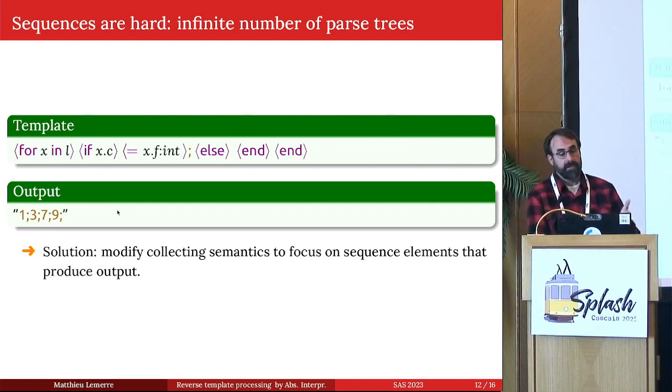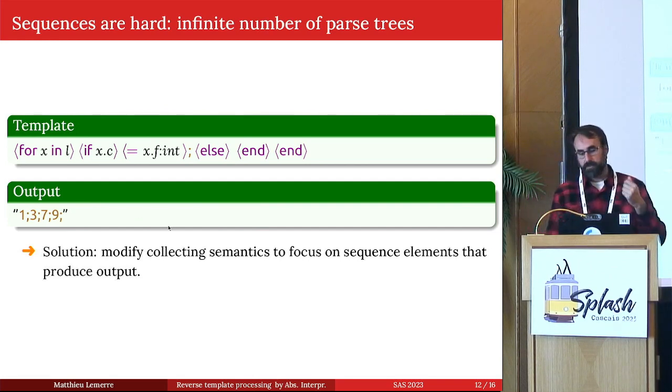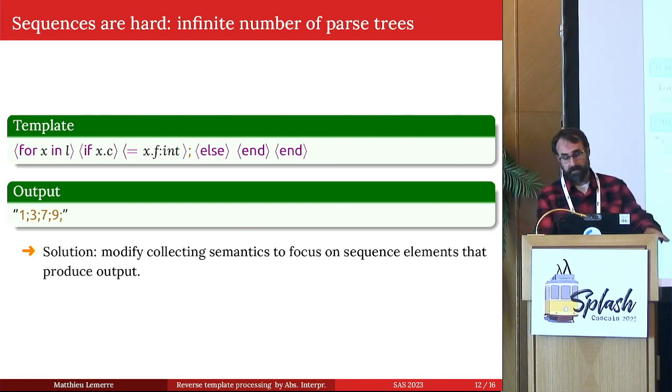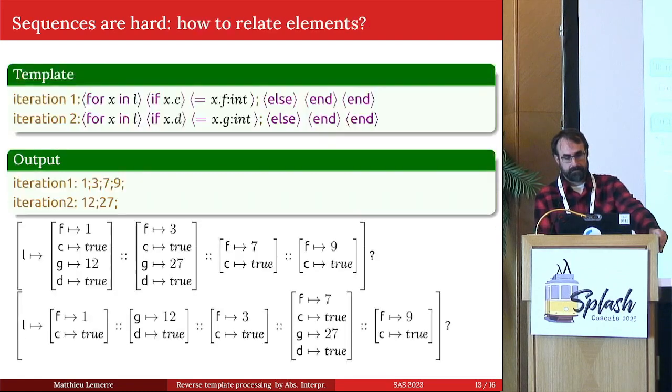If we do it naively, we will have one parse tree for each possible size of the list, which means an infinite number of parse trees. So the idea here is to modify the collecting semantics so that we only focus on the elements that produce output and we remove the others. It's interesting, because it's so fun in abstract interpretation that we have to work on the concrete semantics to help the analysis. And this is once again an example where we have to do that.